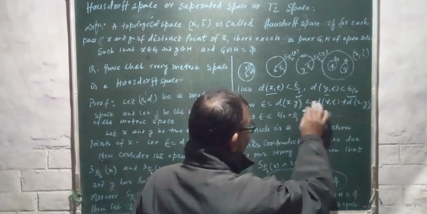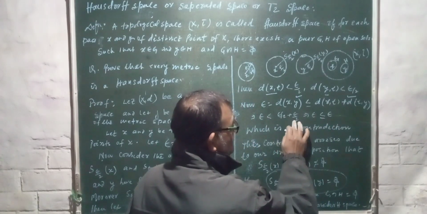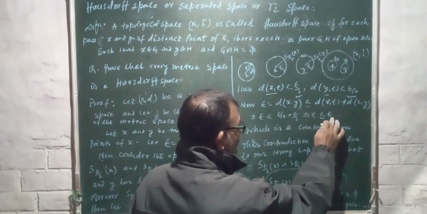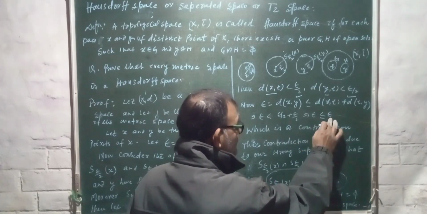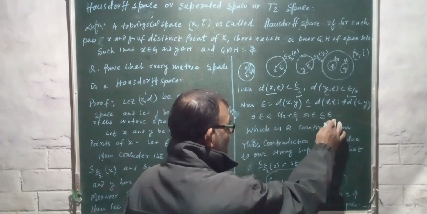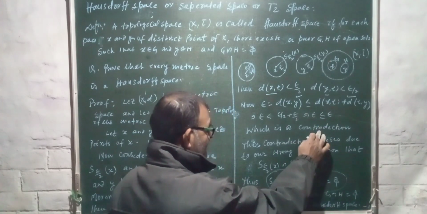So epsilon is less than epsilon by 2 plus epsilon by 2, and epsilon by 2 plus epsilon by 2 is equal to epsilon. So epsilon is less than epsilon, which is not possible. Any number is not less than itself, which is a contradiction.